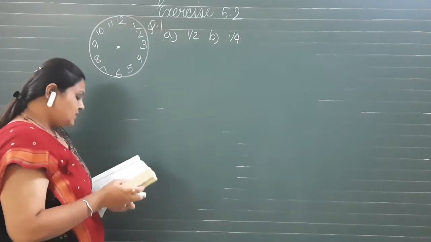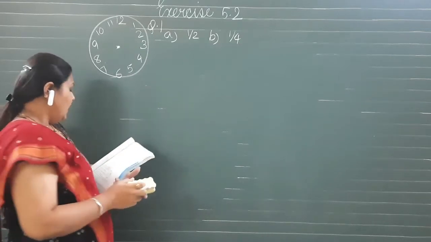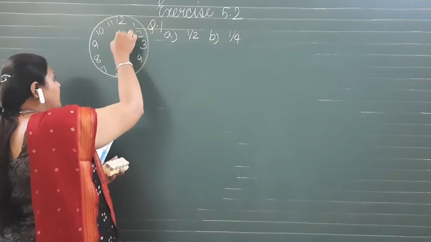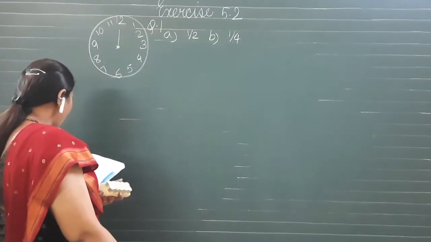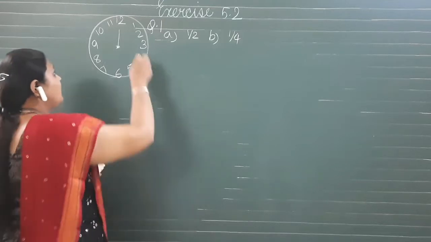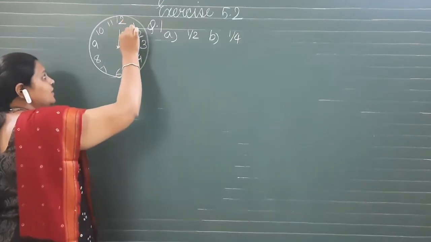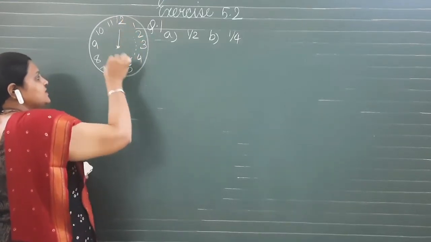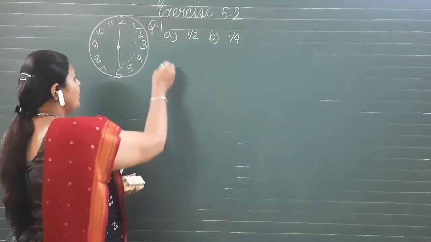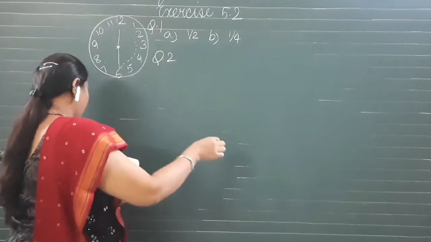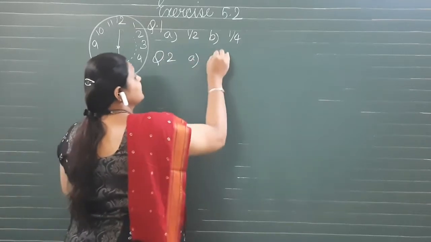Here we have to consider for clockwise. It is at 12 and it starts revolving to half revolution. Now it is at 12, so this hand will come to 6 when it takes half revolution. So answer of this question will be at 6.